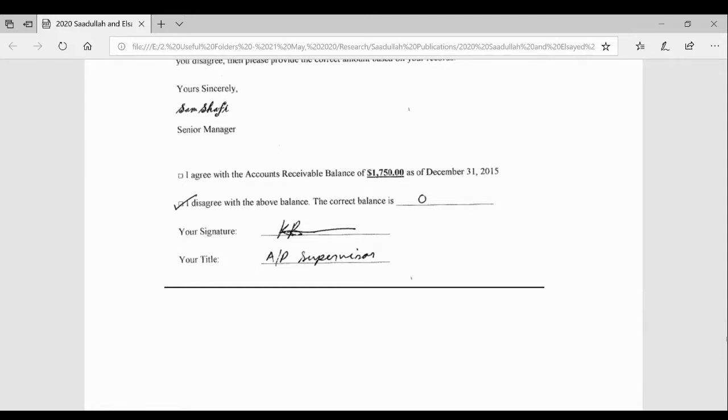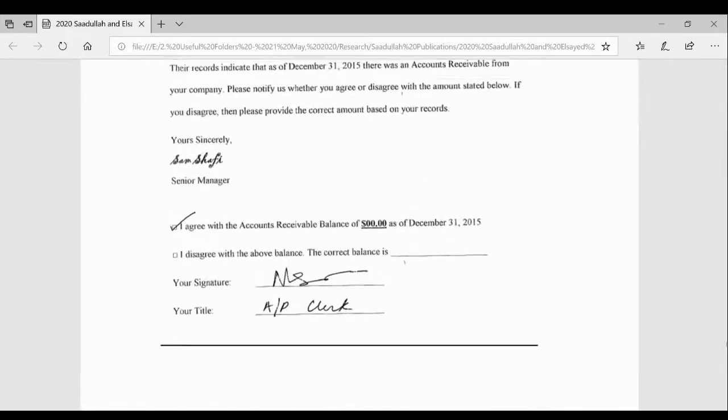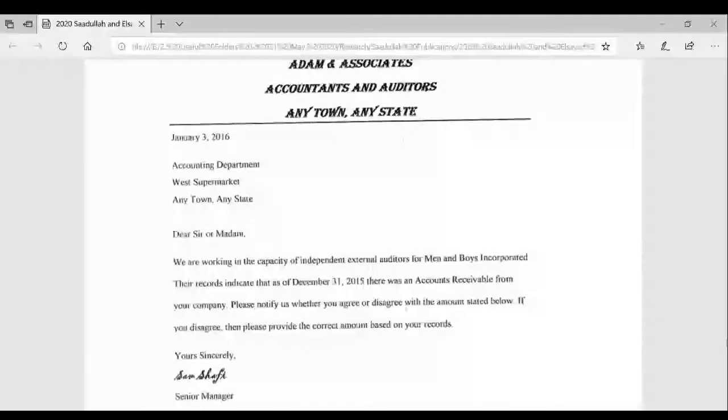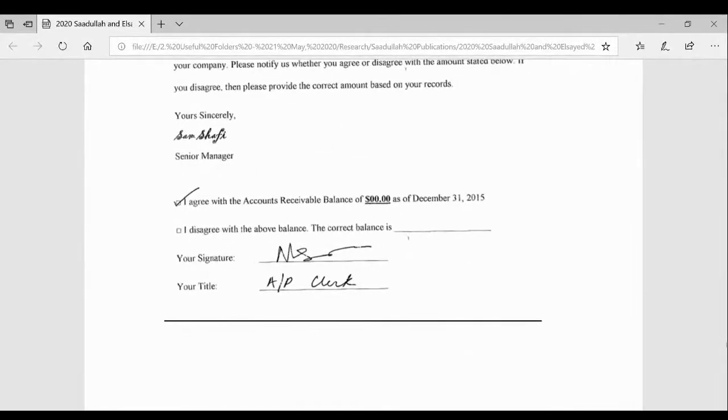Okay, so this you separate. If you have a situation where the customer of the client said, I agree, for instance, in the case of West Supermarket, the customer says, I agree. In this case, this is not a misstatement. There is no problem here, right? So you identify those that have a problem, and if you see that there is an error, you do the calculation using our tolerable and our expected and all of that we did before, right?